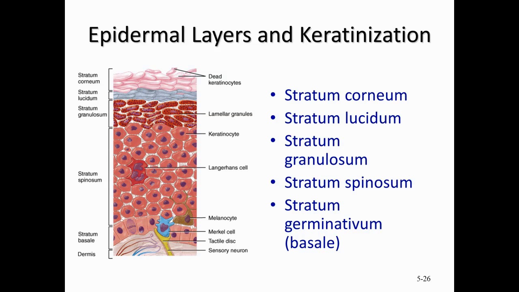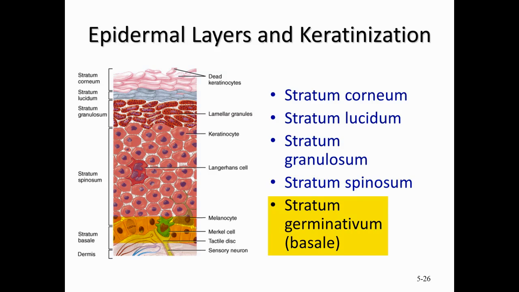And here are our layers. If we look at this cartoon version here, we have the stratum corneum at the very top. It contains your dead keratinocytes. This is what sloughs off throughout the day. We have the stratum lucidum. Lucid means clear. It's the clear layer. Then we have the stratum granulosum, the grainy layer. Then below that, we have the spiny layer, the stratum spinosum. And then below that, we have the stratum basale, or germinativum.